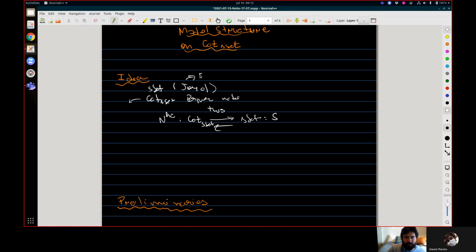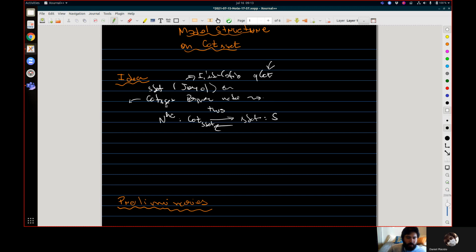Here, the fibrant objects are infinity categories, that is, quasi-categories, and in the Bergner model structure, the fibrant objects are the enriched categories over QCat, that is, the hom sets are infinity categories. So the weak equivalences in the Joyal model structure are the equivalences of infinity categories, and here the same thing.